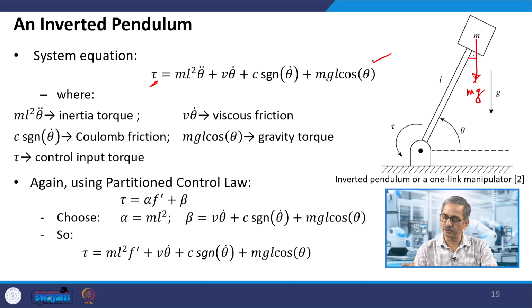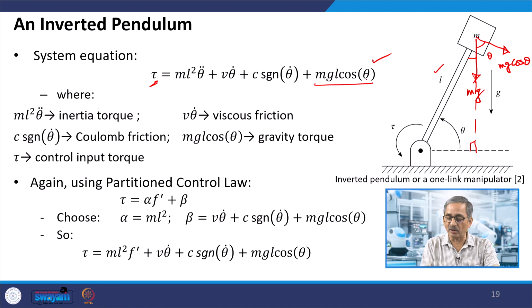I can draw it like this: this is 90, so this is 90 minus theta, and this angle is theta. So you are going to have a component here which is mg cos theta, and this mg cos theta into L is going to give you the torque. So mg L cos theta is the torque over here.